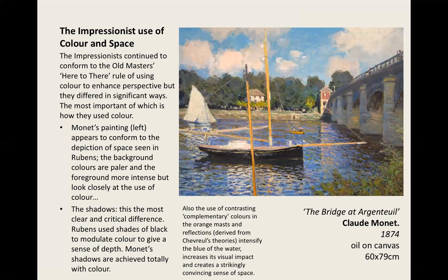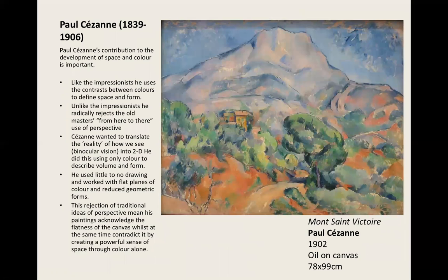And I think that is really rather significant. We're going to scroll ahead now to a crucial painter if we are discussing how space in painting is dealt with, and that's Paul Cezanne.